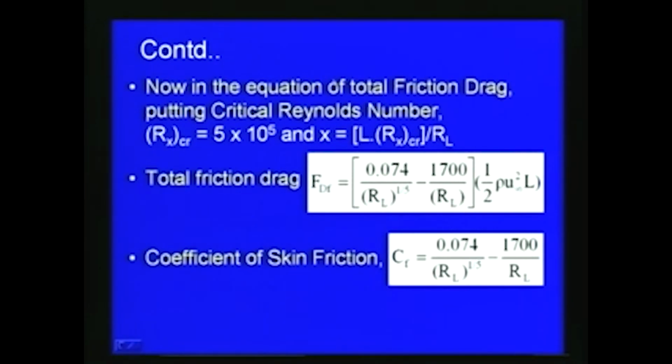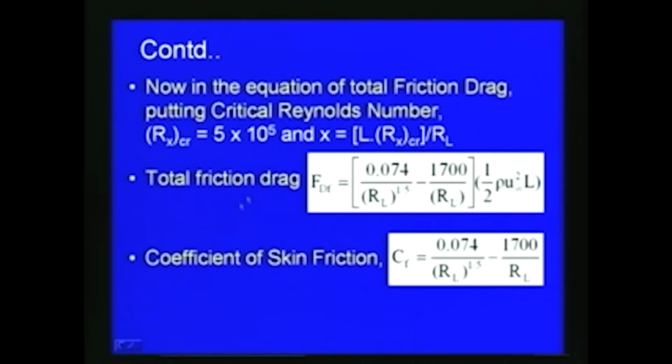Using that linear relationship and putting x equal to L into Rx critical divided by RL, we get the total friction drag FDF equal to 0.074 divided by RL to the power 1 by 5 minus 1700 divided by RL, into half rho u infinity square into L.